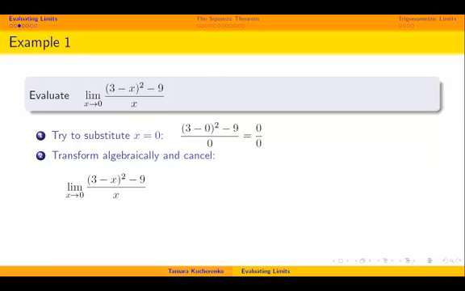We square 3 minus x in the numerator and get 9 minus 6x plus x squared minus 9, divided by x. Here 9 and negative 9 nullify each other, which allows us to factor out x in the numerator. Now we can cancel x in the numerator and the denominator.